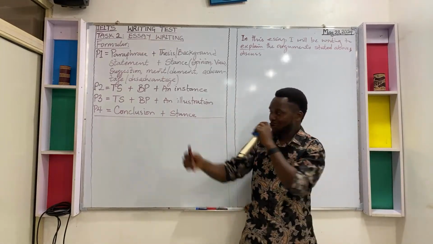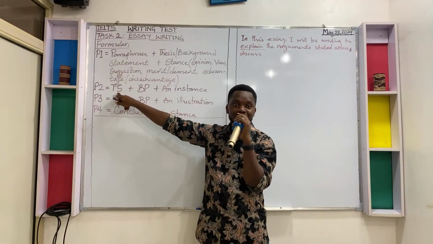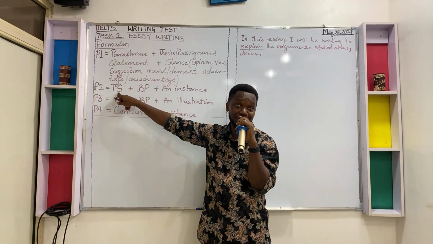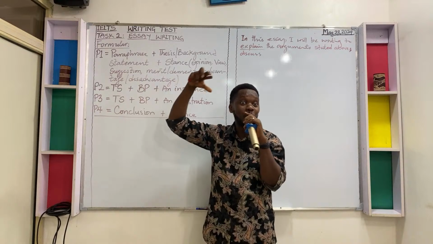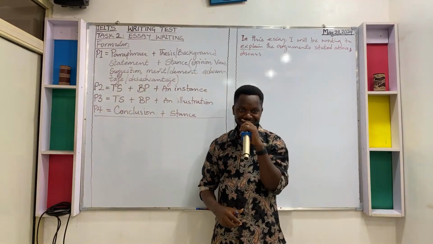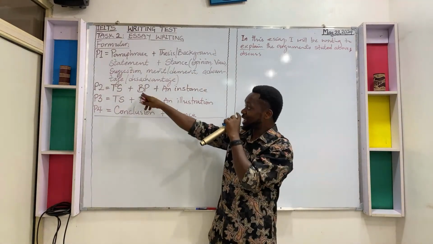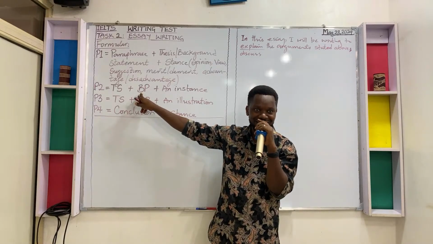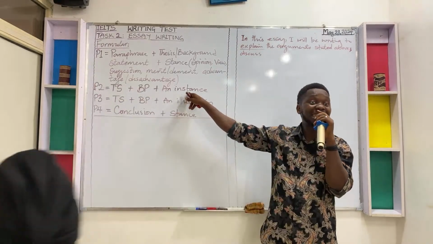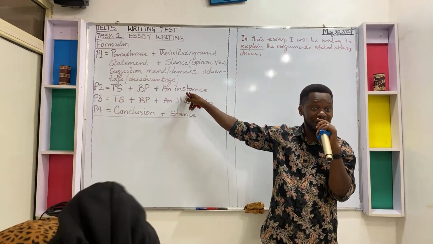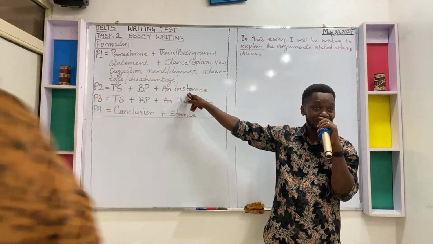Thank you. So that point would come in here as your paragraph 2 topic sentence on your answer paper. Do you understand? Then you expatiate, explain in detail that point, and then bring in that instance you drafted on your question paper. You bring it in. Do you understand this?